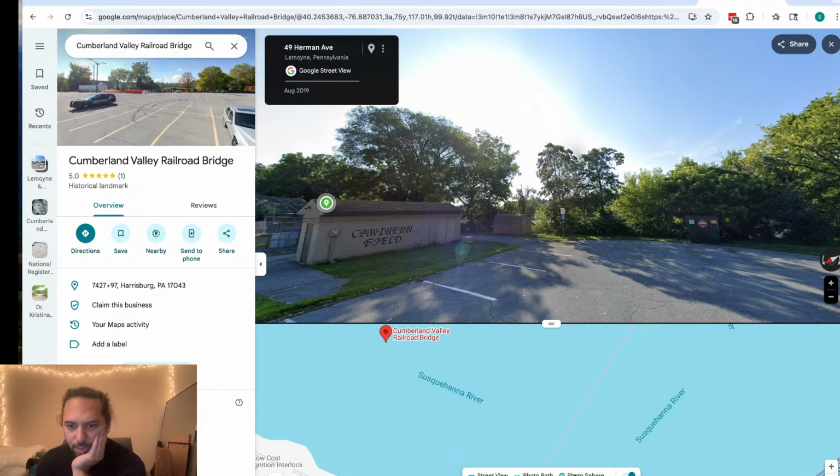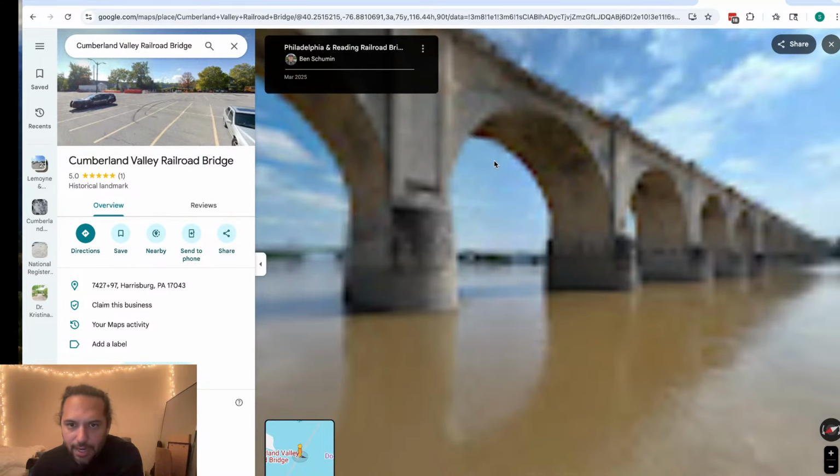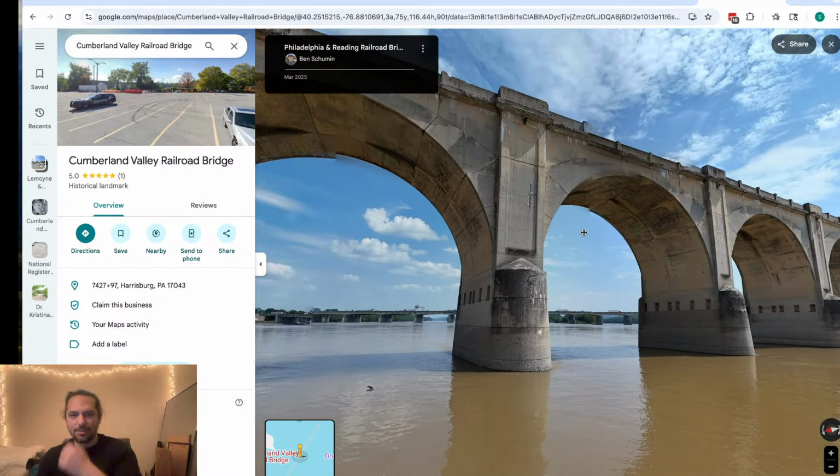I think this is the railroad bridge they're talking about. Let me see, a little dot. I can maybe put the man out there. Come on, Mr. Man. There we go. I'm going to drop you right there. Wow. So that's the railroad bridge. Right? That's the Cumberland Valley Railroad Bridge.